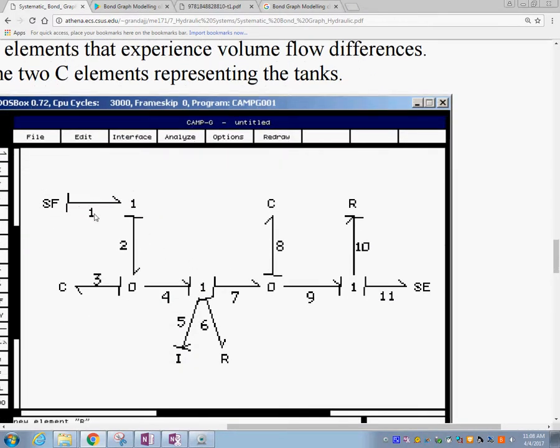Okay, so these are all the causal marks and the bond numbers. But that's how we model hydraulic systems from scratch to ending up in the CAMG software. And then, of course, from there on, we would like to extract the information from the bond graph and turn it into MATLAB and simulate.